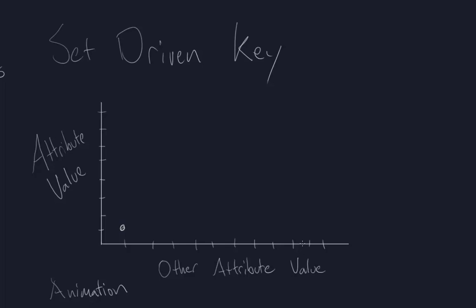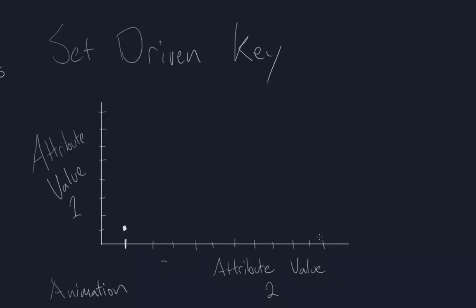Ooh. So how on earth does this work? Well, what this basically means is you could say when one attribute value is low, for instance, we'll say attribute value 1 and attribute value 2. We'll keep this as simple as I can. When attribute value 2 is way back here, we want attribute value 1 to be low.